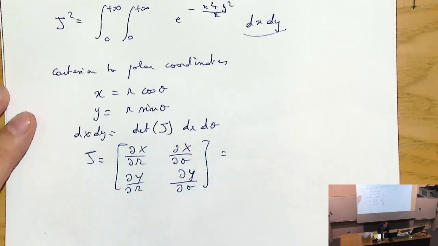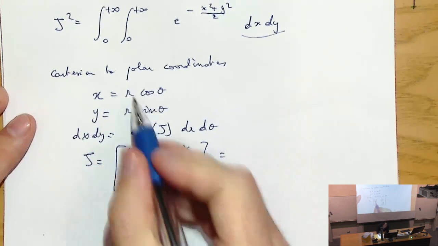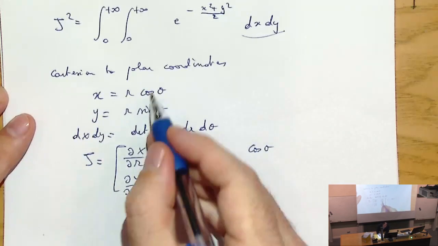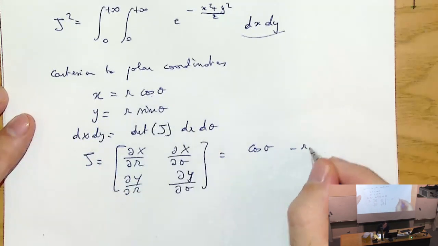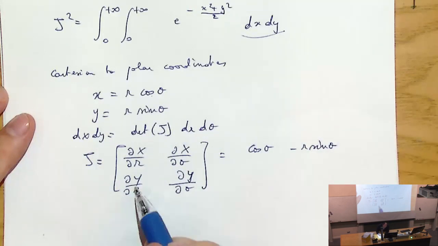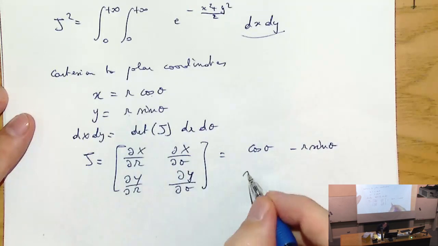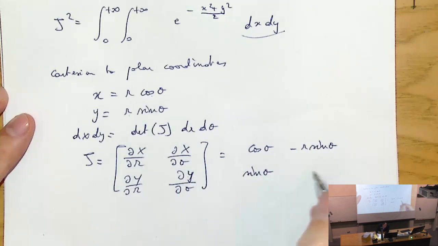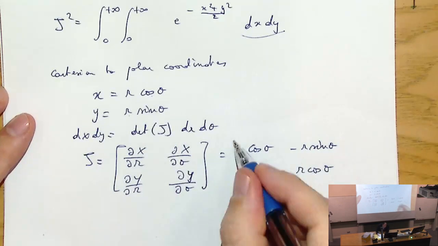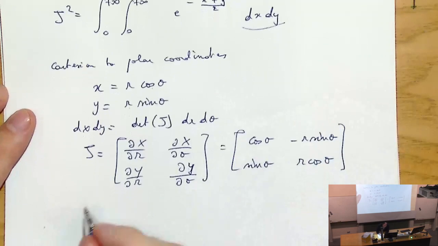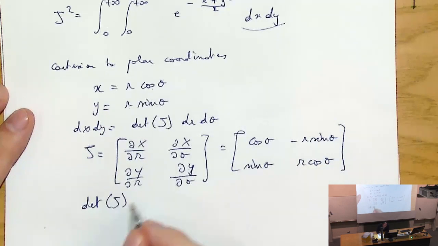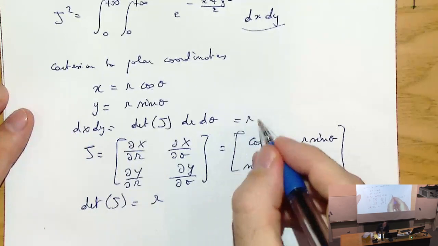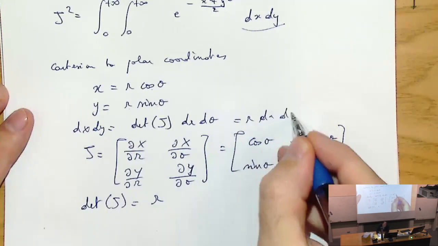If you compute this, dx dr is cos theta, dx d theta is minus r sine theta, dy dr is sine theta, dy d theta is r cosine theta. So the determinant of J is equal to r. So what you have here is r dr d theta.